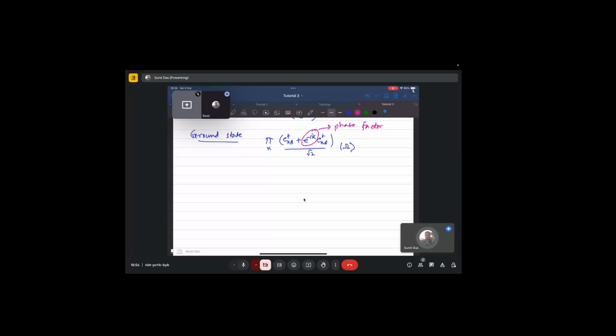Okay, so we'll take a small, necessary aside to emphasize the importance of this phase and how this phase determines the topology.